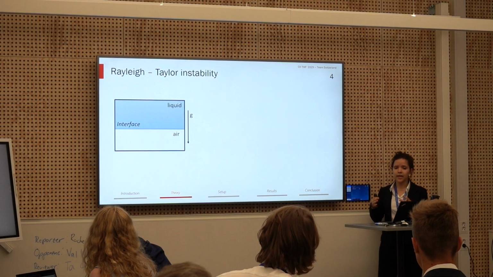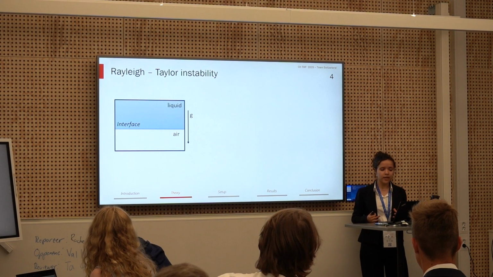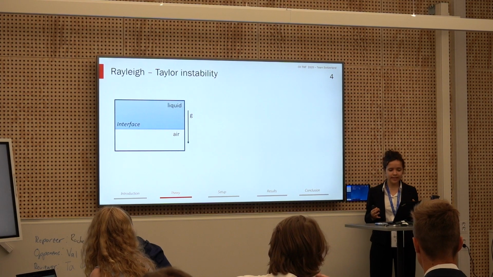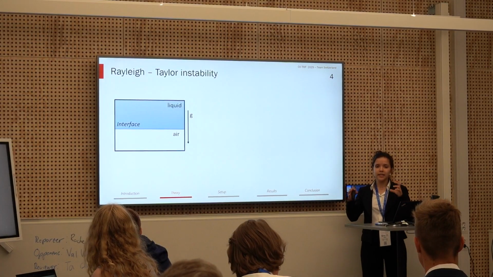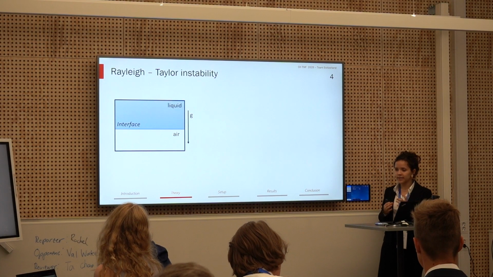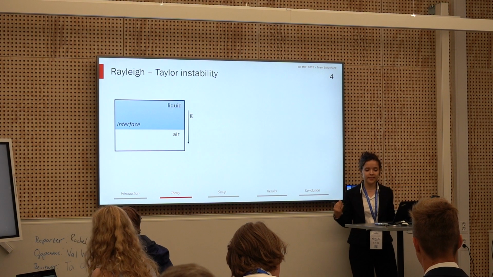So first of all, let's look at what state we have. As the problem statement states, you have a layer of liquid with a higher density levitating over a layer of air. And as you can imagine, this is usually an unstable configuration.